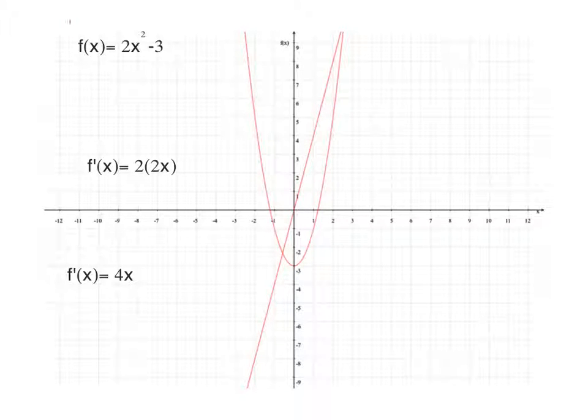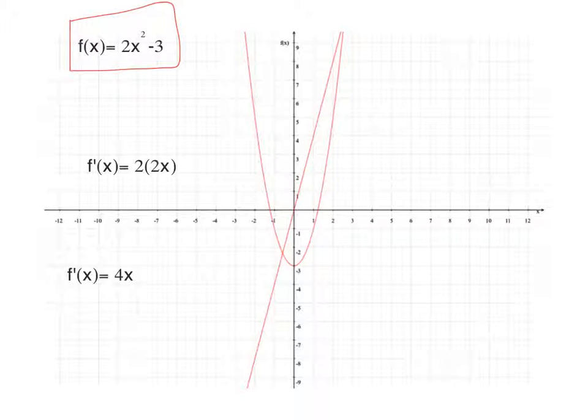We have the same function that we used before, and we plotted it in the Cartesian plane. Now the derivative of 2x squared will be the exponent 2 times the coefficient 2, and we subtract 1 from the exponent, so it will be 4x.